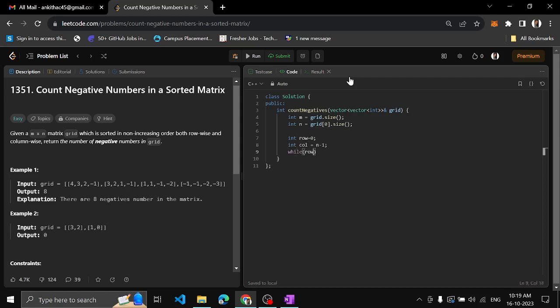So until the row is less than m, and column is greater than or equal to 0, check if grid of row and column is less than 0. Then what should be done? Count plus equals m minus row. Okay, then decrement the column. Else we have to increment the row. And return the count in the end.